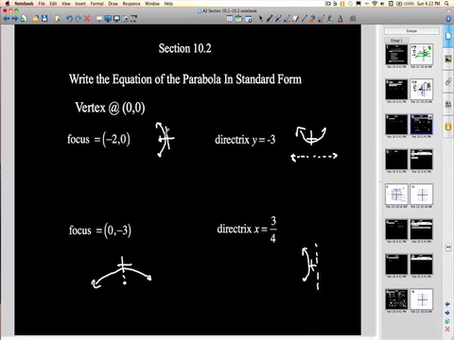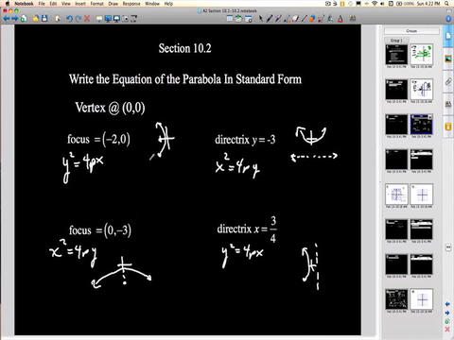So this is y being squared, so I was going to use y squared equals 4px. Okay. Here, this is x squared equals 4py. On this one, it's y squared equals 4px. And on this one, it's x squared equals 4py.